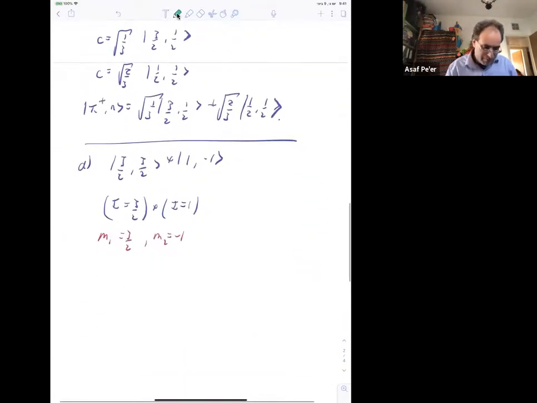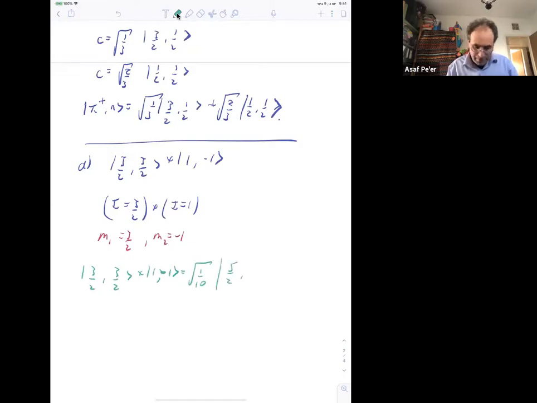So overall, let's write down the final answer. 3/2 multiplied by 1 minus 1 is square root of 4 over 10, the 5/2, 1/2, plus square root of 2/5, 3/2 and 1/2, plus square root half times half.